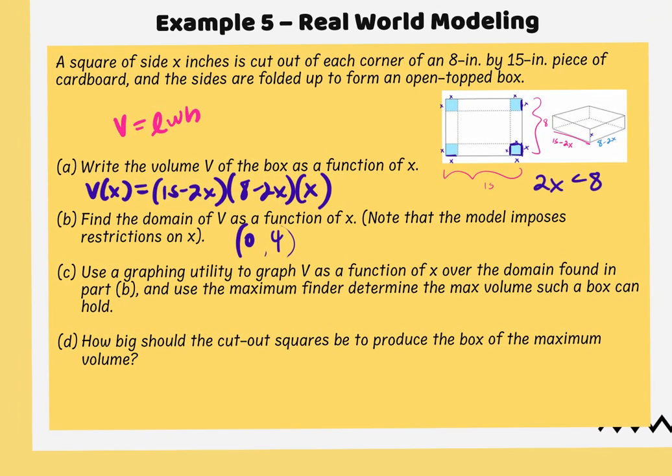Now C says, use the graphing utility to graph V as a function of X over the domain found in part B, and then use the maximum finder to determine the max volume such a box can hold. So I'm going to go to my graphing utility, and I'm going to type in my model.